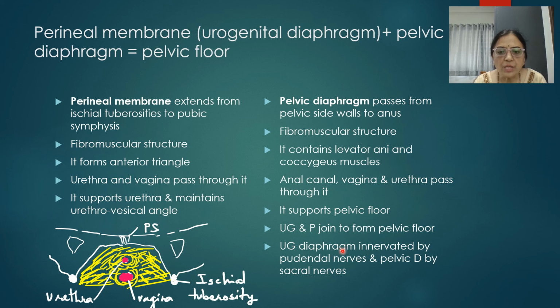Perineal membrane or urogenital diaphragm is innervated by pudendal nerves, whereas the pelvic diaphragm is innervated by sacral nerves. We say in the etiology of prolapse that sometimes neuromuscular damage can also lead to the development of prolapse, and that is why it is important to know the innervation. This perineal membrane is innervated by pudendal nerves, whereas the nerve supply of the pelvic diaphragm is mainly by sacral nerves.